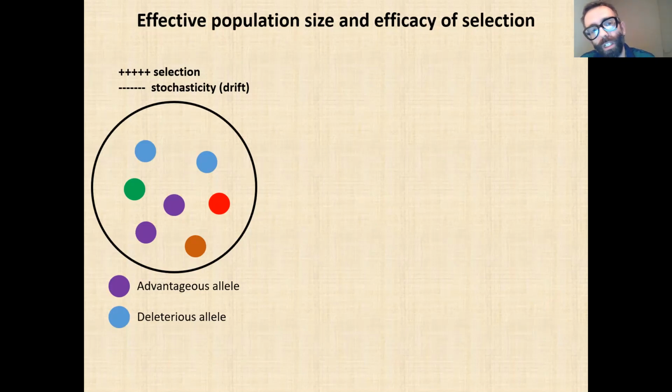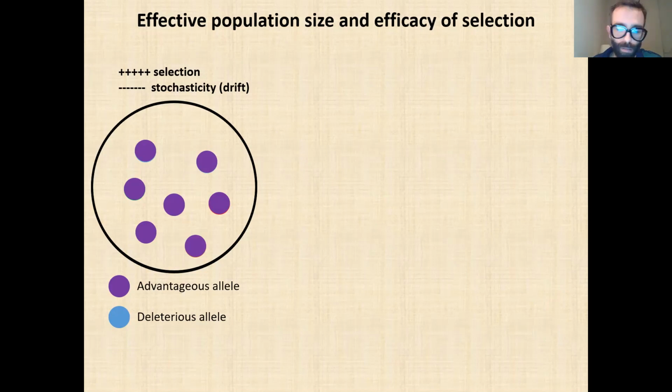Because the only thing that will probably change the frequencies of alleles is how deleterious or how advantageous it is. If it's advantageous, it will spread in the population, like, for example, the purple one here will spread. On the other hand, stochasticity, so drift, which means change of allele frequency by chance, is very unlikely to happen. Why? Because there are enough individuals to buffer it.